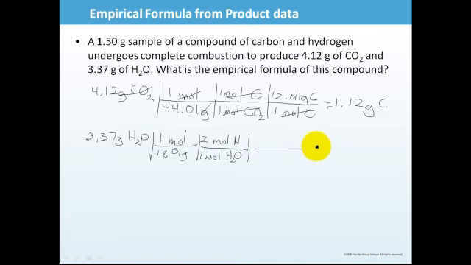And then that final step, again, the molar mass of hydrogen is 1.008 grams per 1 mole.